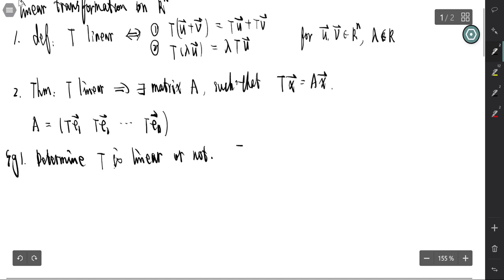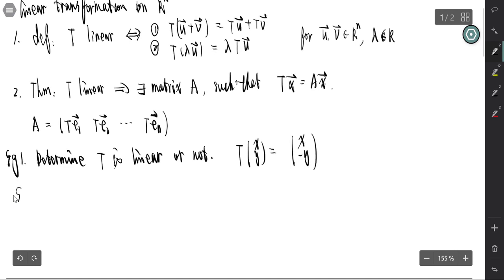T is defined as T(x, y) equals (x, negative y). That means reflecting the vector by the x-axis. We use those two conditions to determine if T is linear or not.